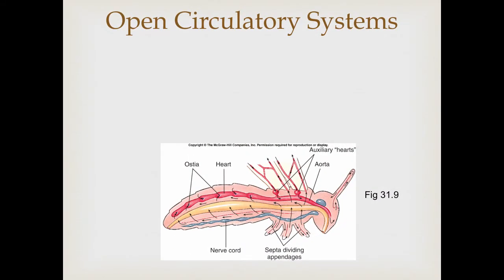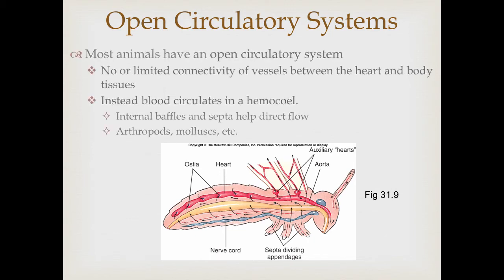Most animals do not have a closed circulatory system. They have what is called an open circulatory system. In this case, there's no true or very limited connectivity of vessels between the heart and the body. Instead, blood is circulating in a hemocoel. Remember, coel means cavity, and hemo refers to blood, so the heart is basically just recirculating blood through this blood cavity or hemocoel.